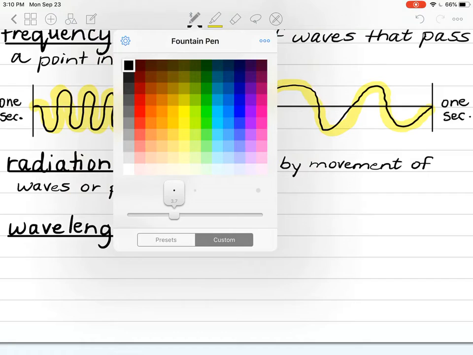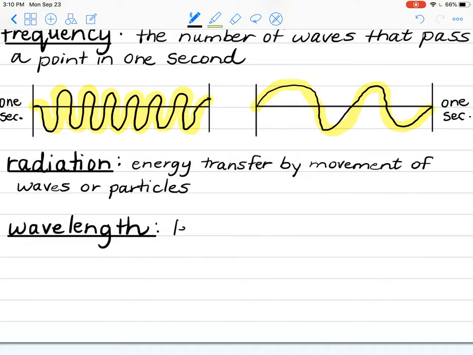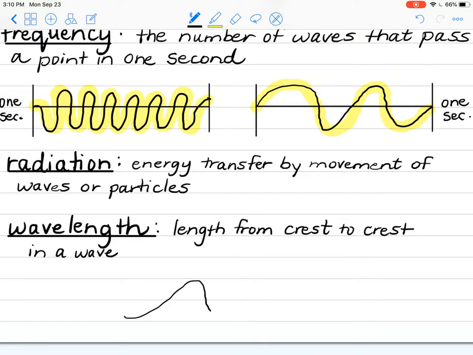Wavelength. You've heard the expression, we're just not on the same wavelength. Well, that's sort of going to be illustrated right here. The wavelength is the length from crest to crest in a wave. So I'm going to try to draw a wave. Bear with me here. That's not too bad, I guess.